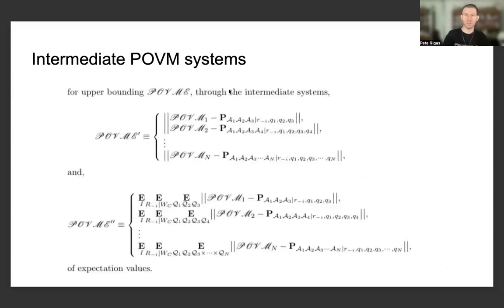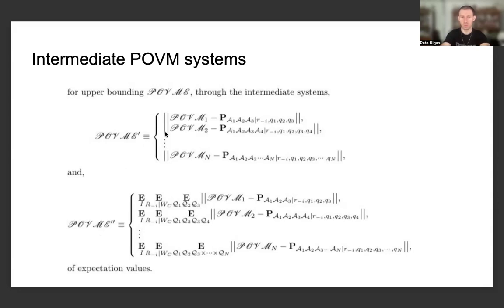In the intermediate POVM systems, much like intermediate systems of expected values that we're going to ultimately be upper bounding, Pinsker's inequality comes into play. For instance, for upper bounding script POVM of E, which is related to the system of expected values of positive operator valued measurements in the second main complexity theoretic result, we can introduce these systems script POVM of E prime and script POVM of E prime prime, which are given respectively as follows.